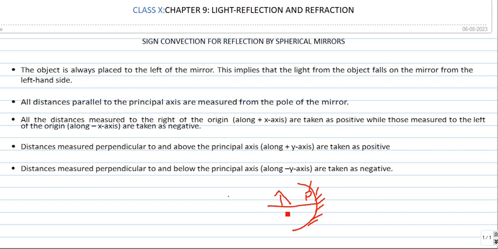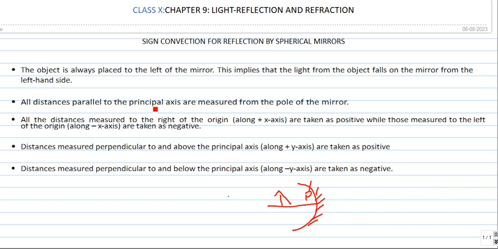When we measure from the point P, this distance when it is placed in front of the mirror becomes negative as it is on the left side of the origin. So this implies that the light from the object falls on the mirror from the left hand side.